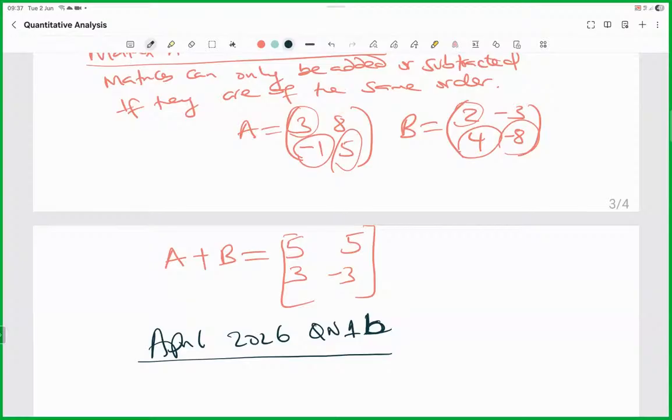So we have A 4213, B 21352. Management wishes to analyze the combined effect of transportation allocations and the cost adjustments. You can see for 4 marks, they want us to determine the matrix A plus B.